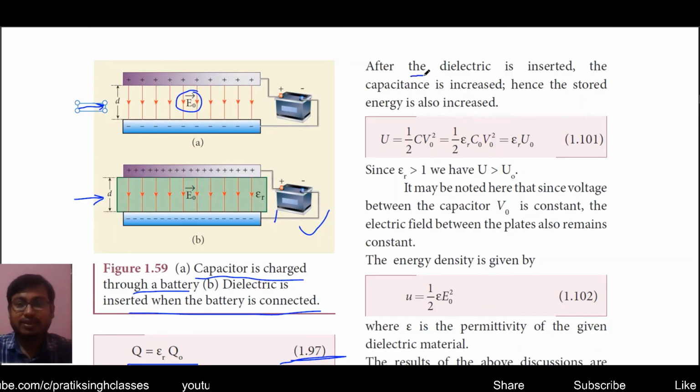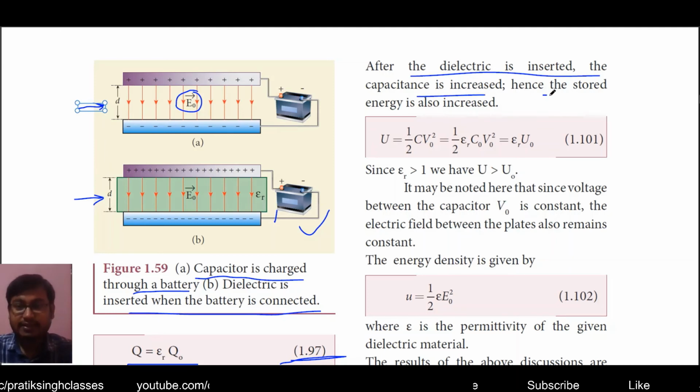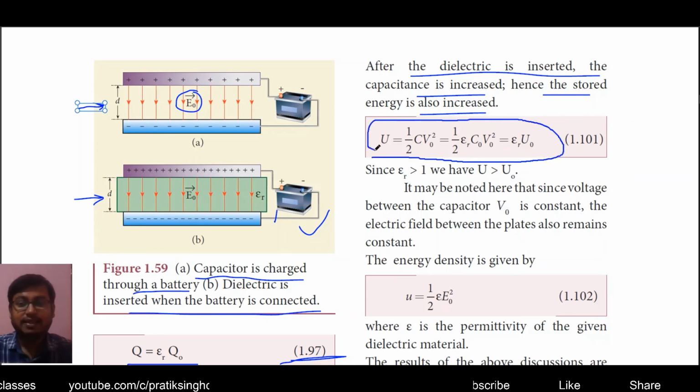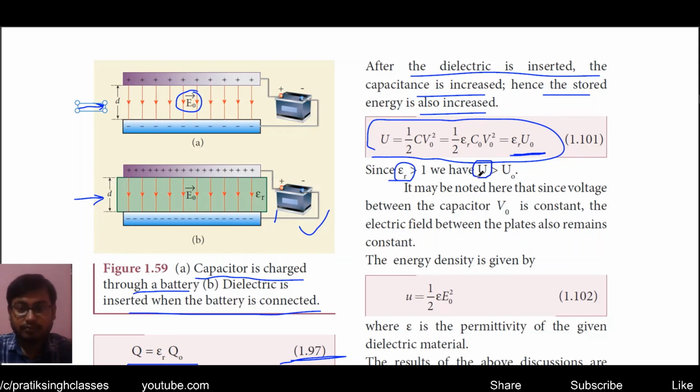After the dielectric is inserted, the capacitance is increased, hence the stored energy also increases. So here we can write the equation in modified form, that is U is equal to epsilon r into U naught. Since epsilon r is always greater than 1, the stored energy will be more than the initial energy U naught.